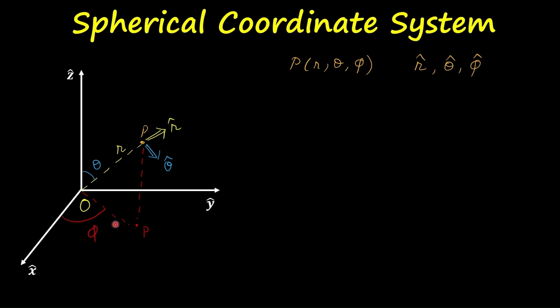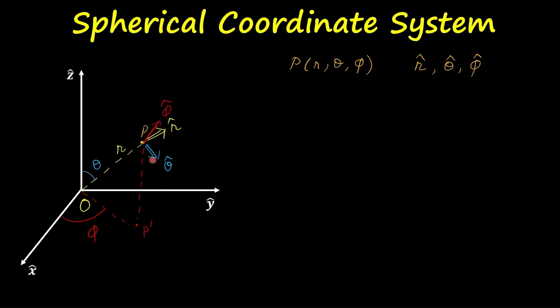So like theta, phi is measured from the x-axis to OP prime. So the direction of phi will be in this direction. We can draw it here. It will be in this direction.